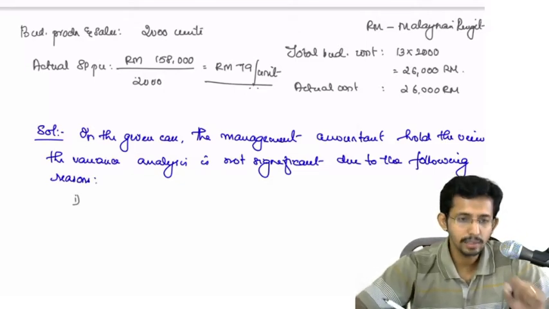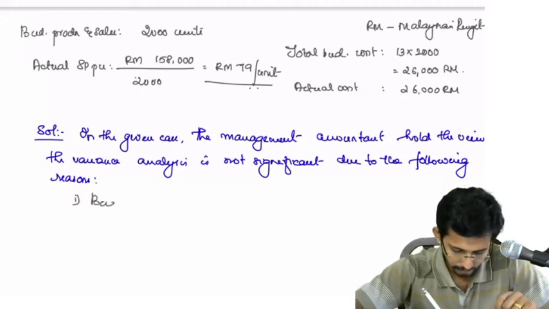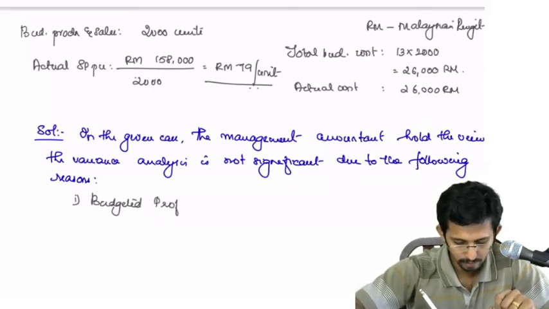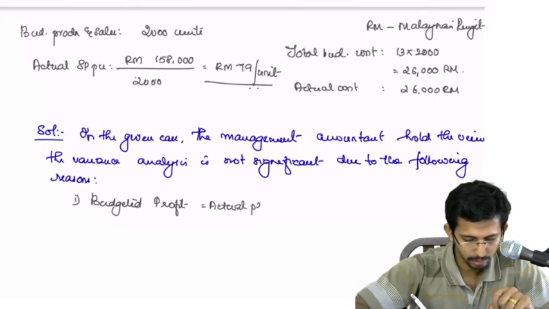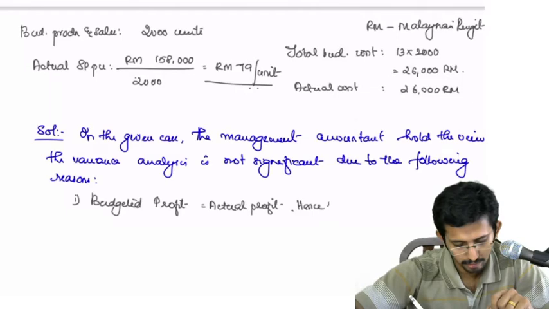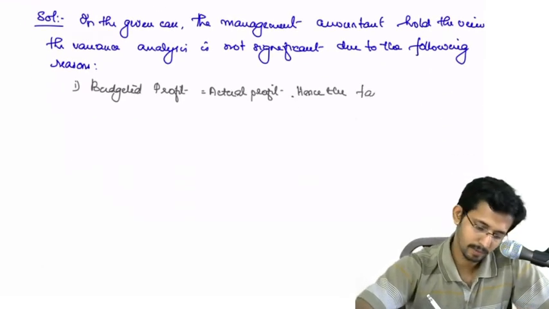One, what is the first reason? The first reason is that budgeted profit is equal to actual profit, hence the target has been achieved.